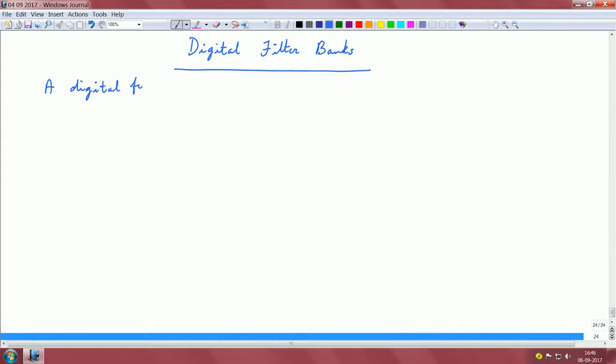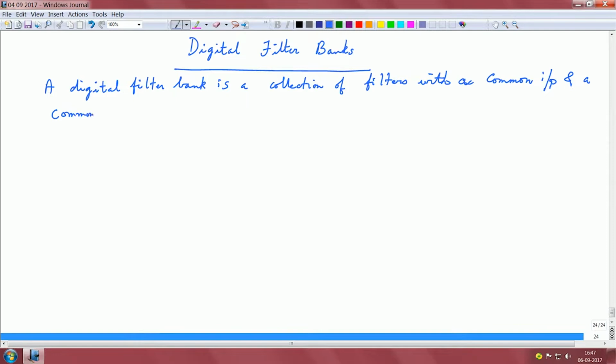A digital filter bank is a collection of filters with a common input and a common output.